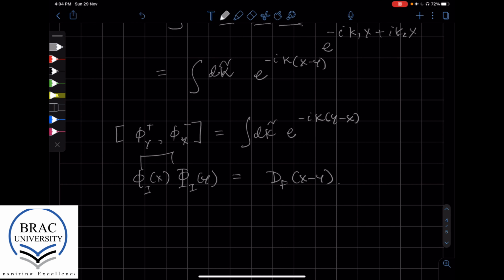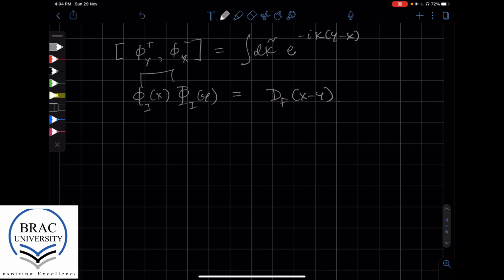So having shown this, we can write our expression for the first Wick's theorem.